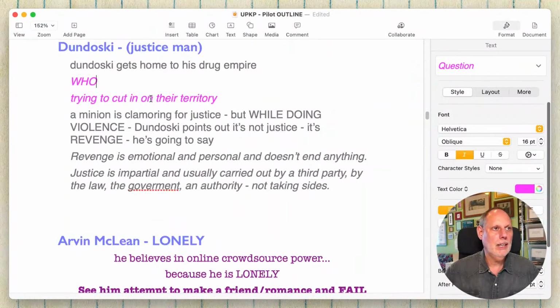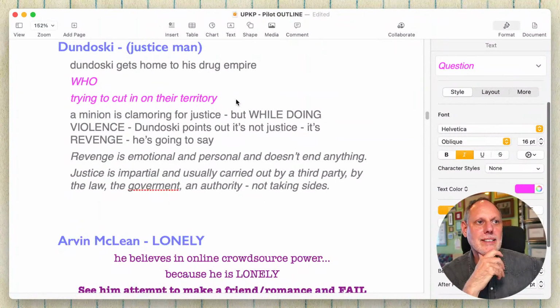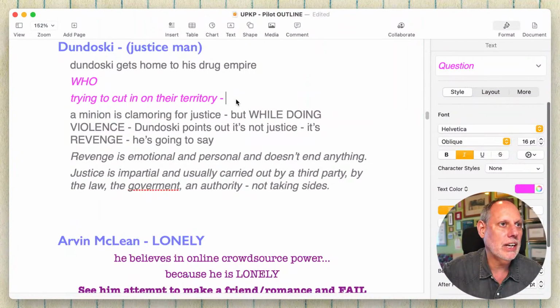Okay, who is it and what are they doing? The fact is that this is not justice, because there is no legal or moral authority to cutting into the territory. That's cool. That's fair. In other words, Dundosky knows that he's not being just here. That's enough of his character.